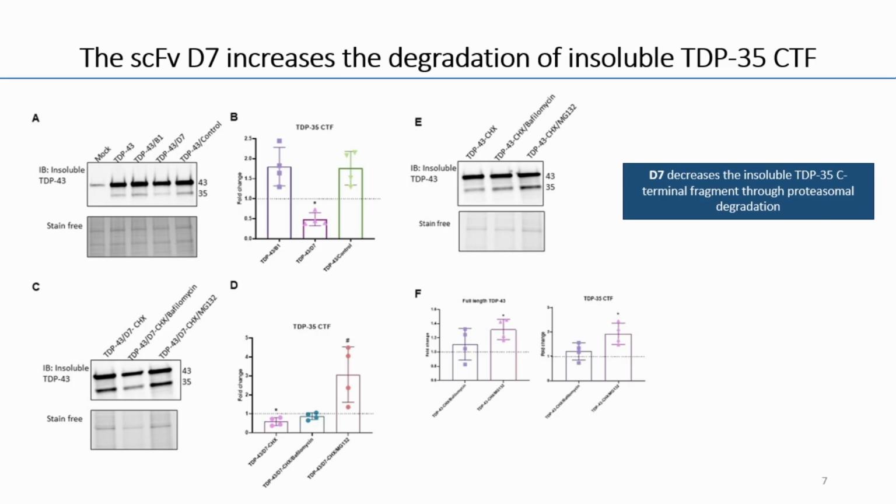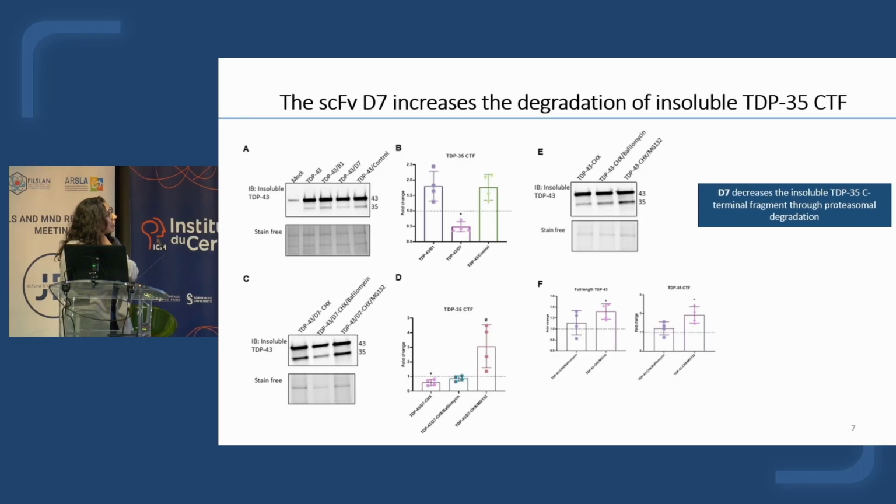However, once the D7 scFv was co-transfected with the HEK cells, we found that it was able to decrease the C-terminal fragment at 35 kilodalton through a mechanism of proteasomal degradation.